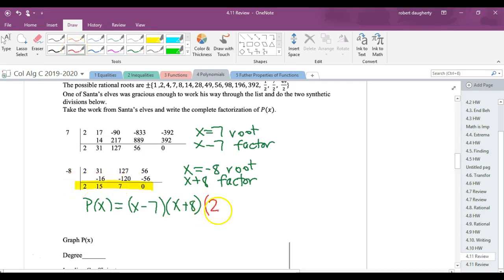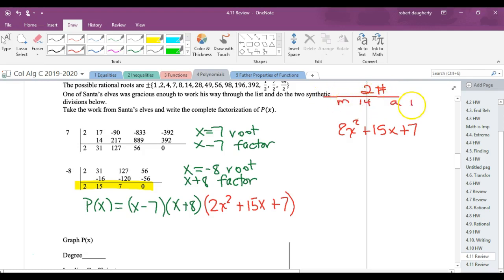That is what, 2x squared plus 15x plus 7. So how do I factor that? 2x squared plus 15x plus 7. You're looking for two numbers that multiply to 14 and add to 15.